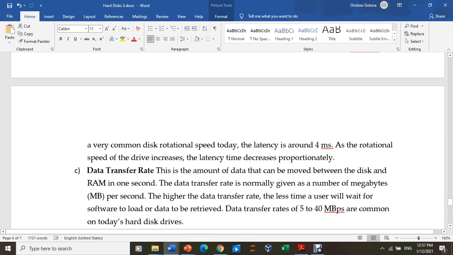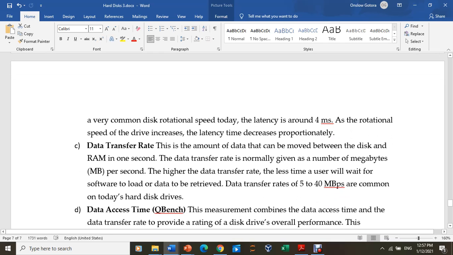The higher the data transfer rate, the less time a user waits for software to load or data to be retrieved. Basically, we have data transfer rates of 5 to 40 megabytes per second, which are common in today's hard disk drives. So a drive with a higher data transfer rate is likely to load software faster than a drive with a smaller data transfer rate.